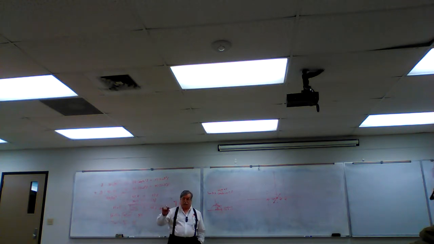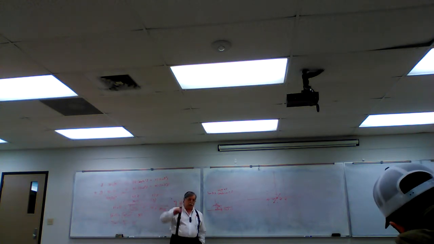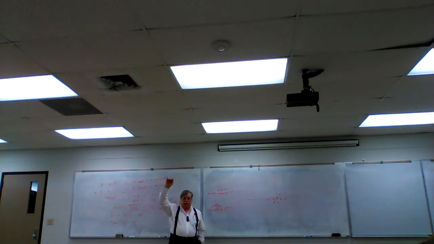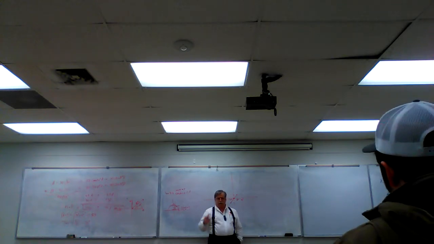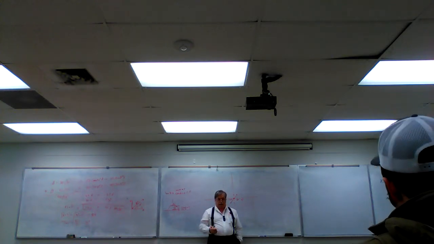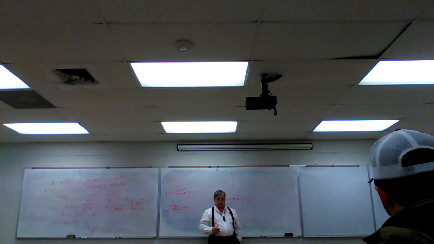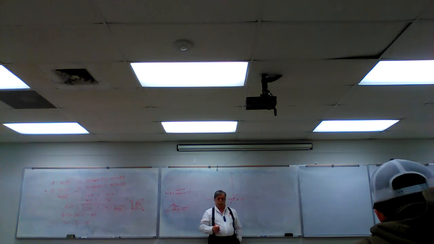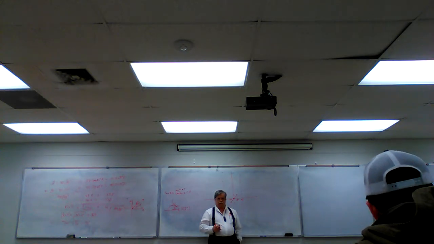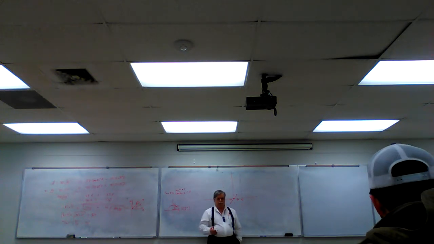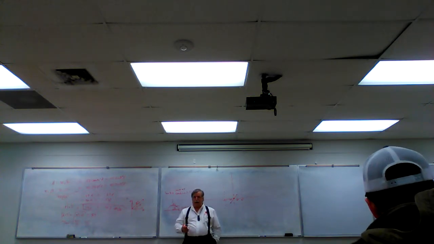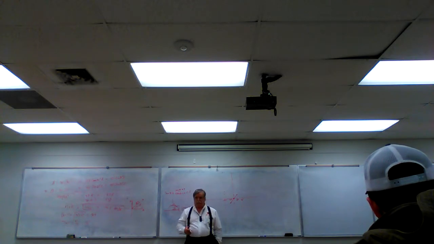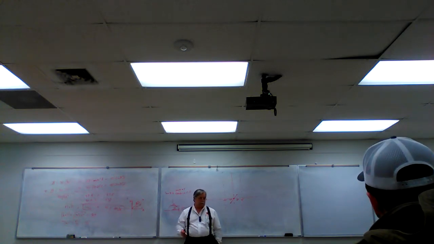The closer you get to 90 degrees, the closer tangent gets to infinity. Somebody put in 89.999 and hit tangent. What do you get? 57,295. Somebody else put in 89.9999.